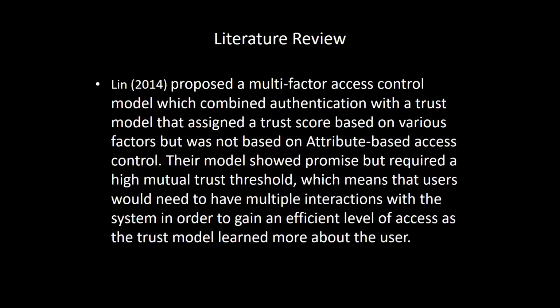But this was based on a different type of access control model, not attribute-based. The model showed promise, but it required a high mutual trust threshold, which means that it needed multiple interactions with each user in order to develop a trust model that was effective in allowing access without unnecessarily limiting access to authorized users.